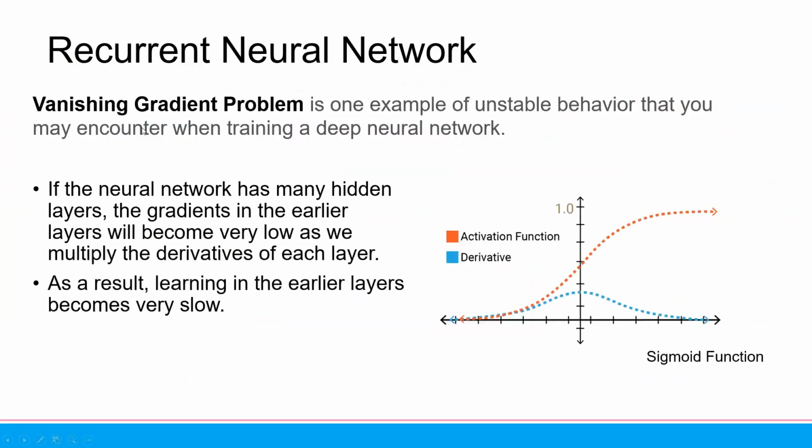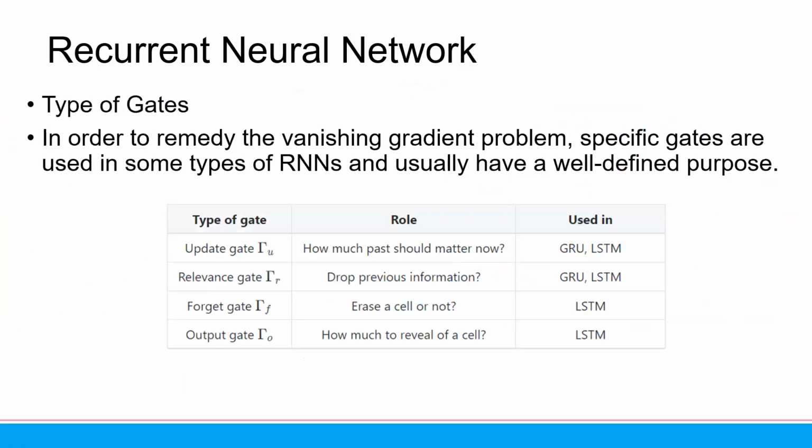Let me jump a little bit. In the notation, we have the update gate, the relevance gate, the forget gate, and the output gate.